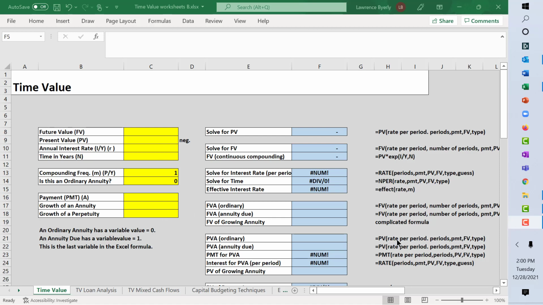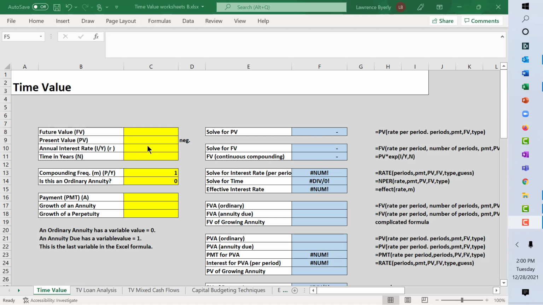I have provided, where possible, formulas for the solution boxes, right? So if you want to solve for the present value of money, you need to put this formula. Here's the rate of return per period. Here's the total number of periods, the payment, future value, and type.